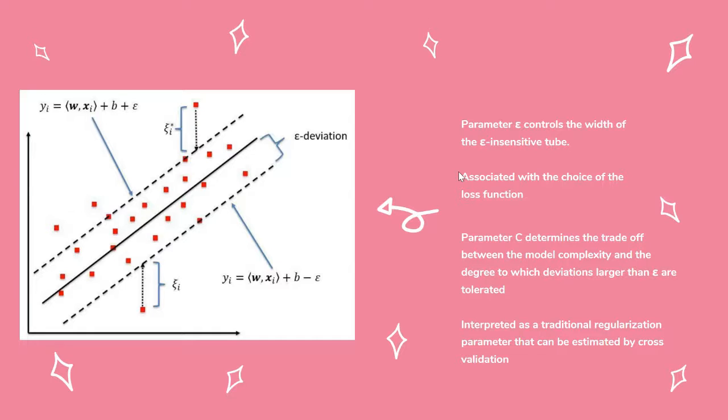It is associated with a loss function, that is, epsilon insensitive loss function, quadratic loss function, or Huber loss function, etc. Parameter C determines the trade-off between the model complexity, that is the flatness, and the degree to which deviations larger than epsilon are tolerated. It is interpreted as a traditional regularization parameter that can be estimated by cross-validation, for example.